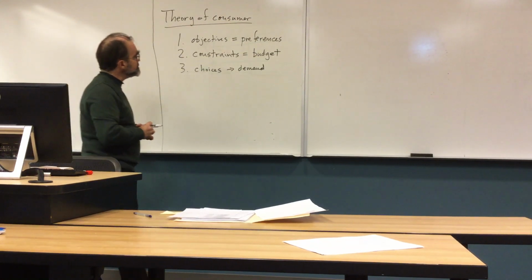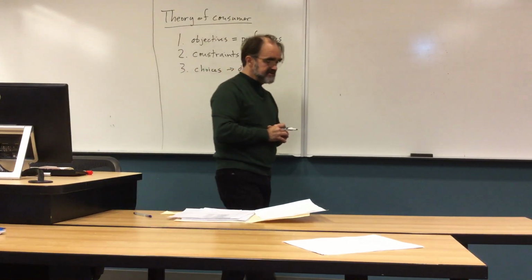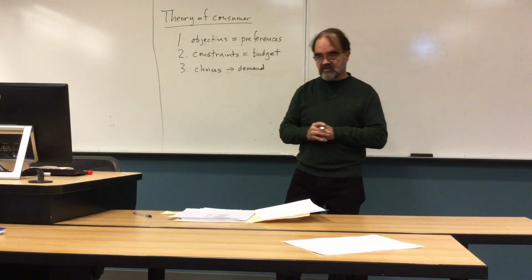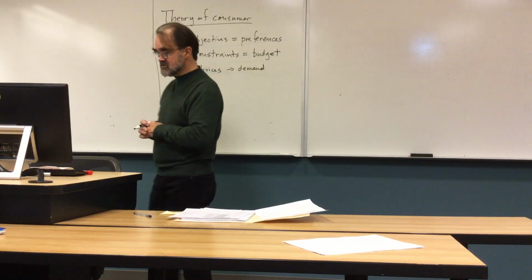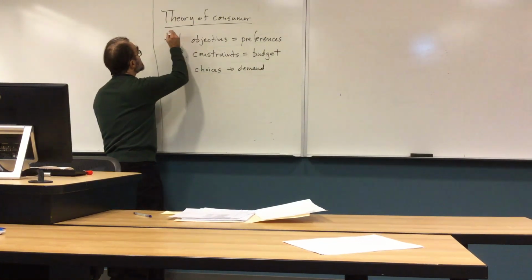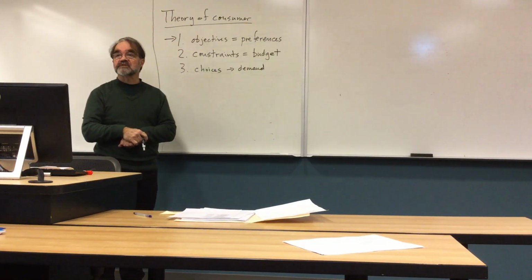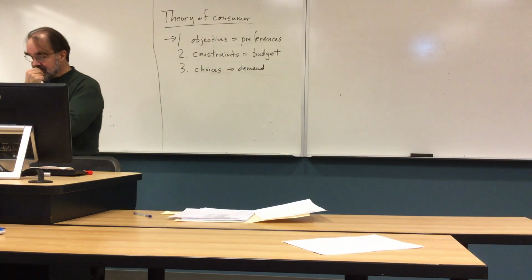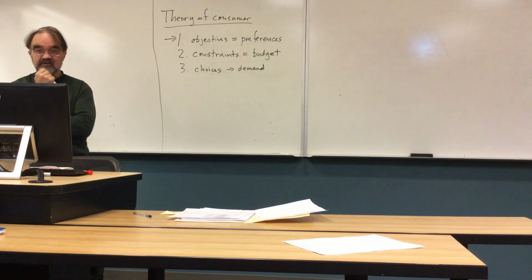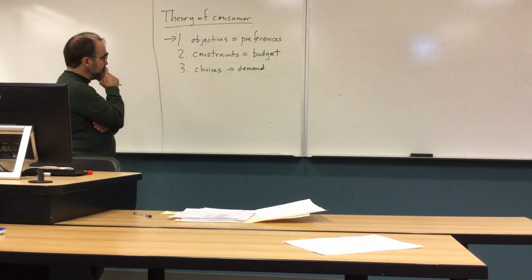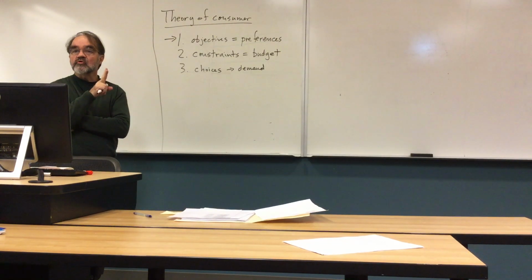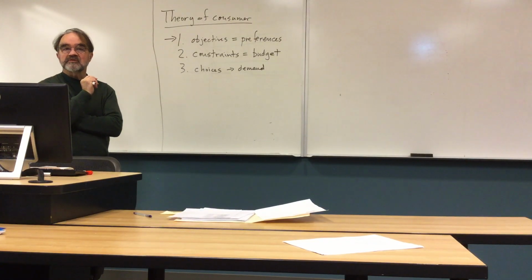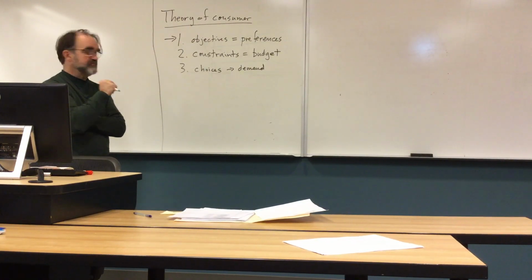Okay, so we're going to analyze this consumer's preferences, so that's what we're starting with here. Consumer preferences in as simple as possible a way, assuming that there are only two goods that are possible to consume.